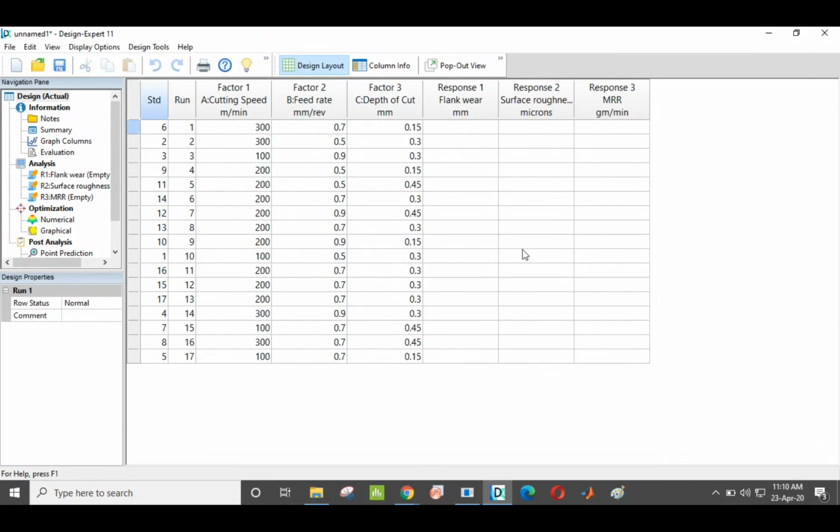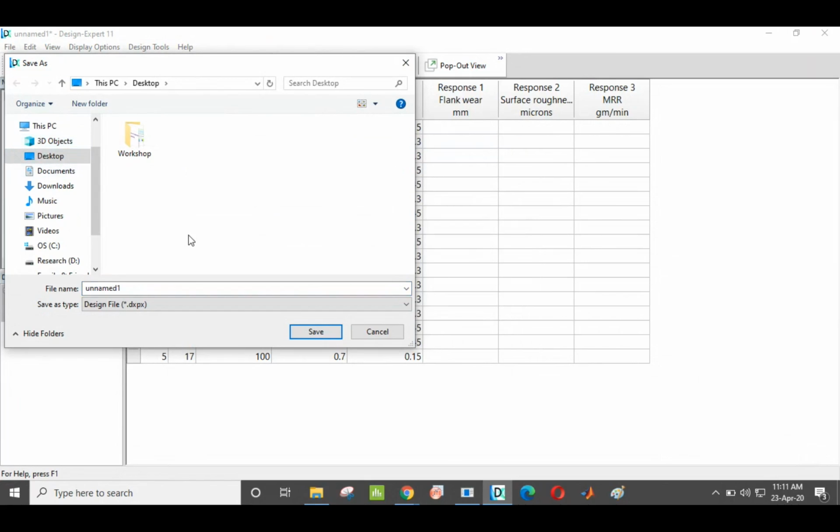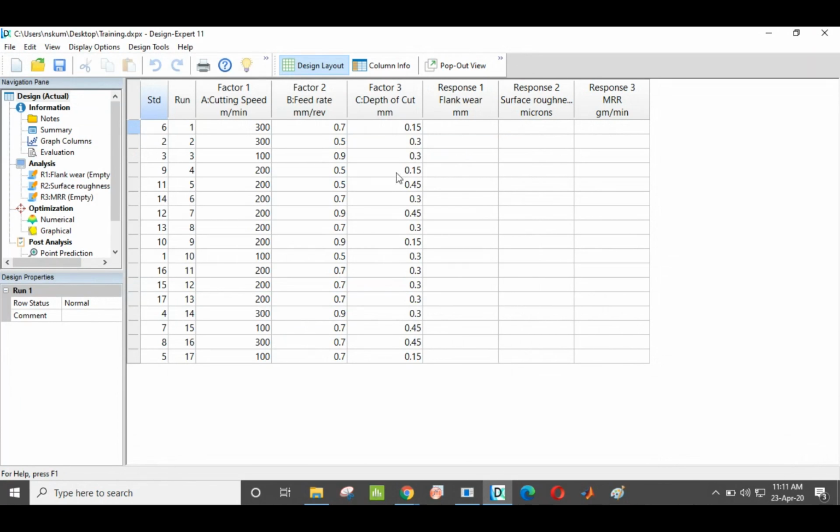So the first thing after developing an experimental design in RSM is to save this, and we have to make a copy of this. Don't forget this. Now I am going to do the experiment.